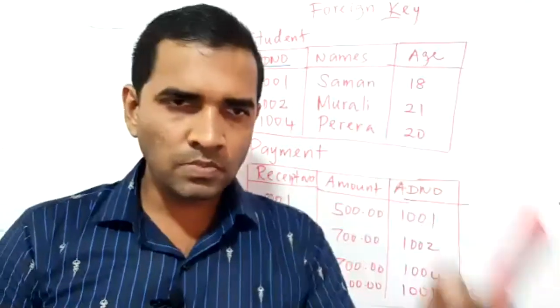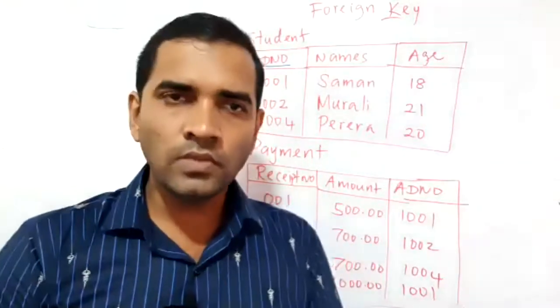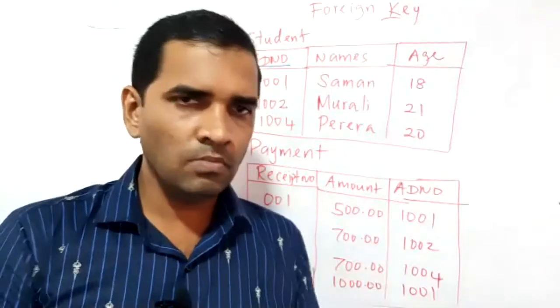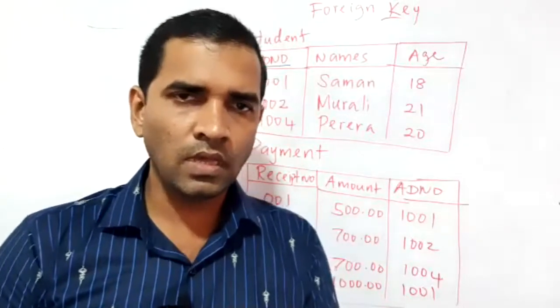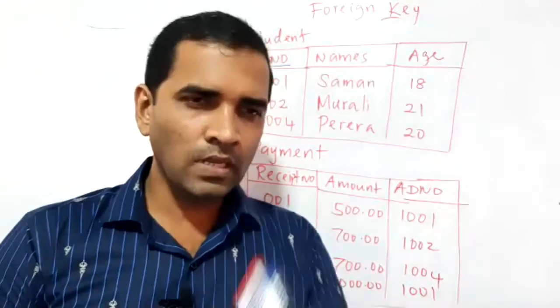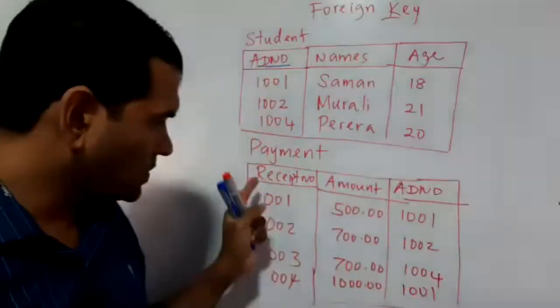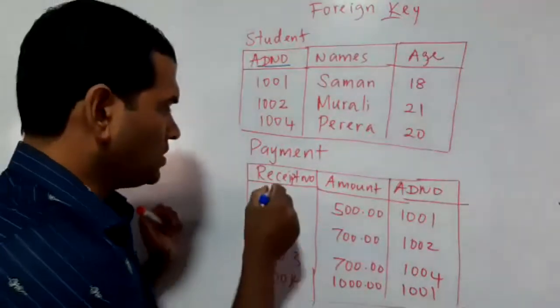When a number is printed on one receipt, that number cannot be printed on any other receipt. If two receipts have the same number, definitely there is a complication in doing accounting work. So definitely each and every receipt should have a unique number. So now I can say that receipt number is the primary key. So here it is the primary key.